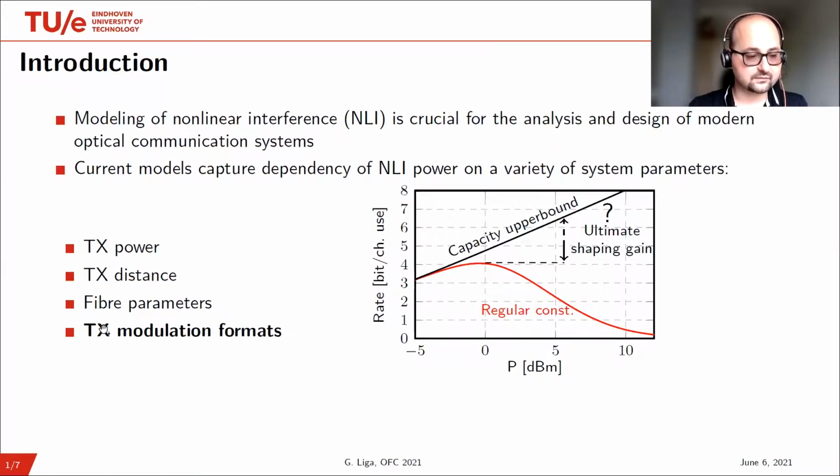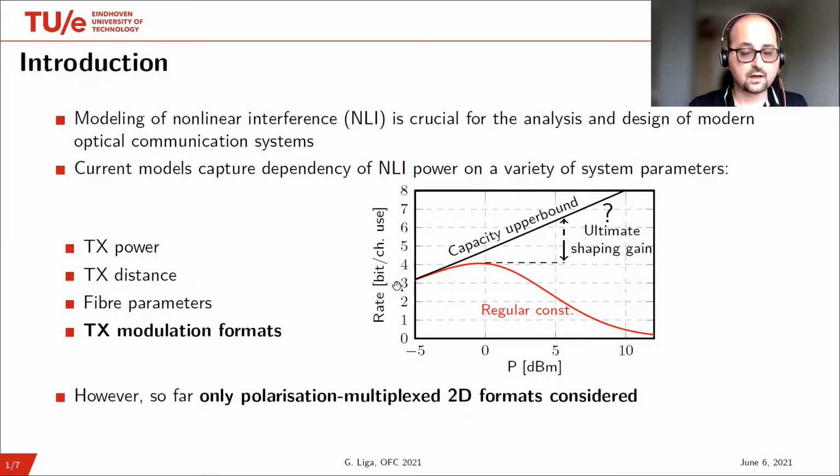Particularly, this dependence with respect to the transmitted modulation format is really important because it allows us to do constellation optimization in the optical fiber channel, which is so important as we still don't know what the ultimate shaping gain is in this channel. However, all the available models are only valid for polarization multiplex 2D formats.